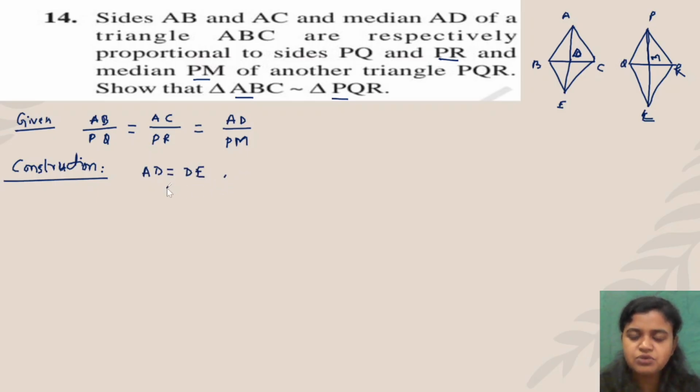So by construction we can say AD equals DE and PM equals ML.